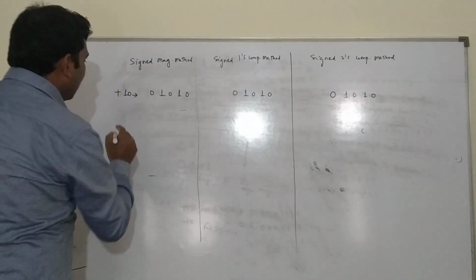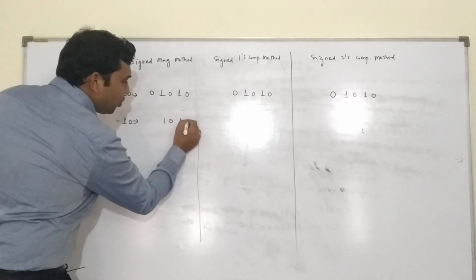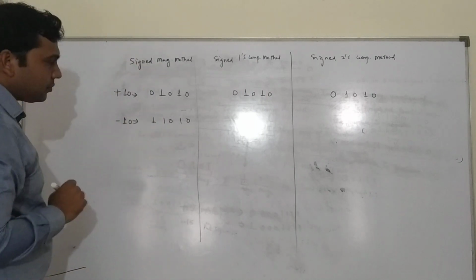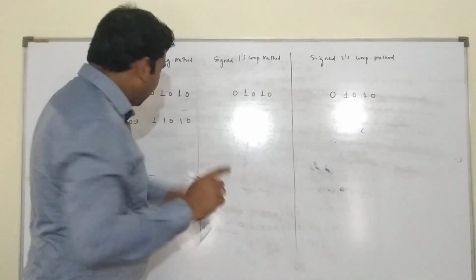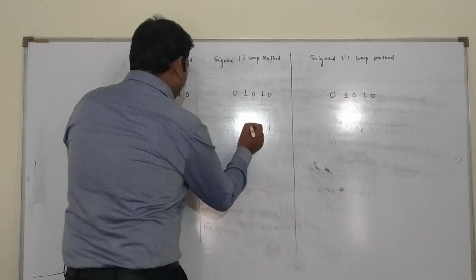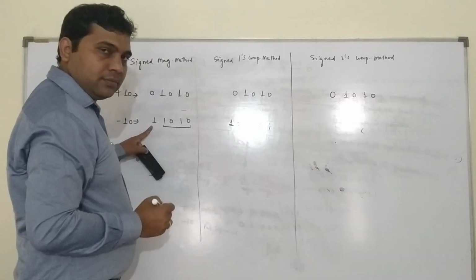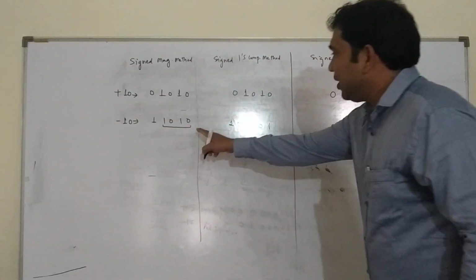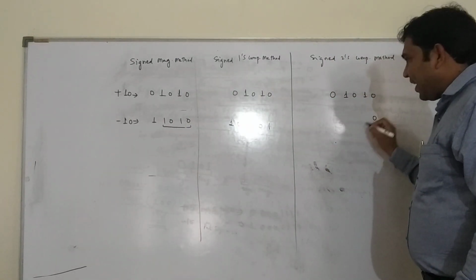Now, suppose I want to write minus 10. First, write down the magnitude, and for minus, put 1 here. If I want to write in the signed 1's complement method, take the 1's complement of this, which is 1 0 1 0, and put the sign bit, which is 1. In the signed 2's complement method, take the 2's complement of this number. Since the first bit is 0, take it as it is.